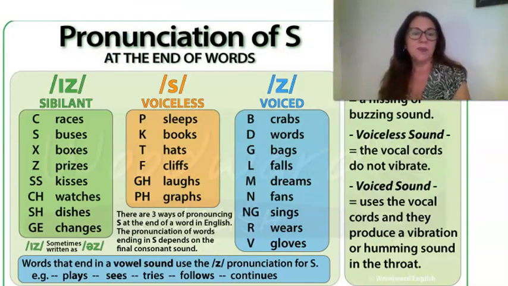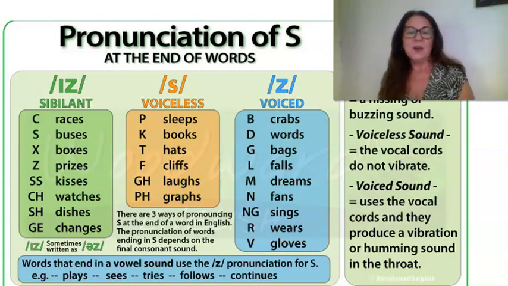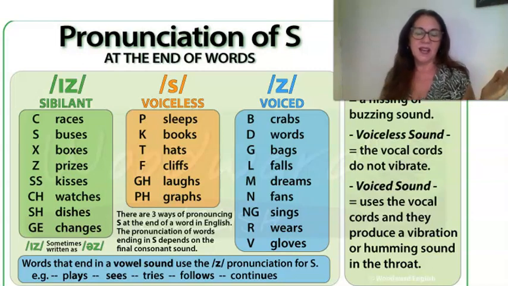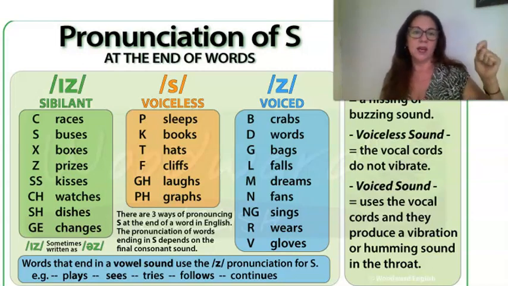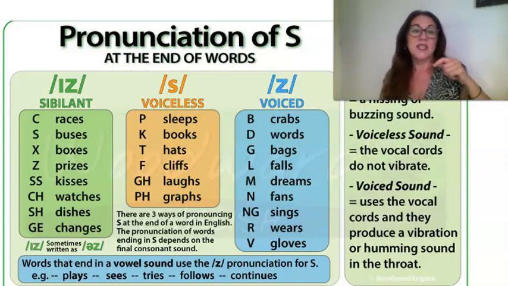For example, when we have words ending in S, the pronunciation of that final S will be different depending on the last sound before the S sound. So, we are going to start with the last column on the right, the one that has a Z sound, which is a voiced sound. Z, z, voiced.